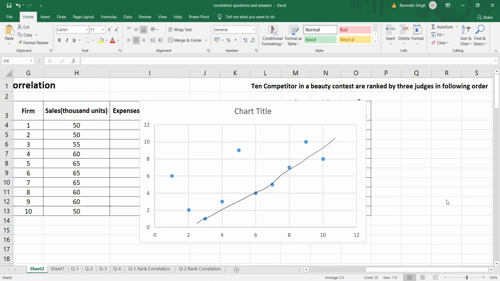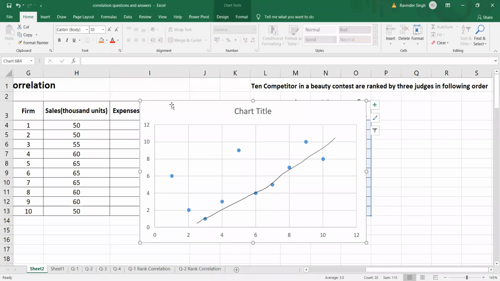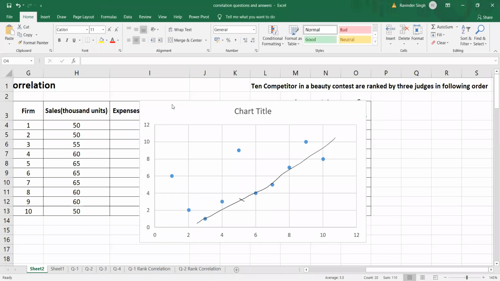So it has some kind of pattern, but still not that strong, a weak correlation. But comparatively, XZ has some kind of pattern it is showing compared to XY and YZ. So yes, X and Z are somewhat related. All these ideas you will get only by plotting a scatter plot. So one method is plotting a scatter plot to check the relationship between two data.